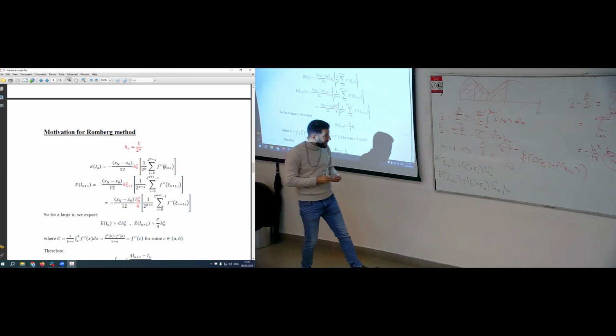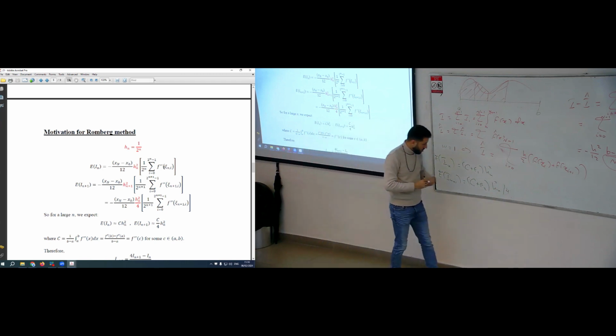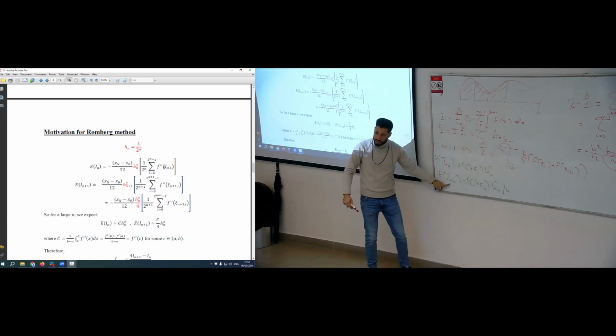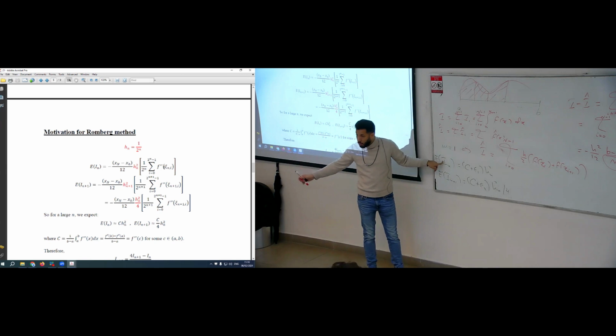Therefore, I can cancel somehow this Hn squared. How? If I take 4 of this minus 1 of this, divided by 3, I will get the integral with an error.